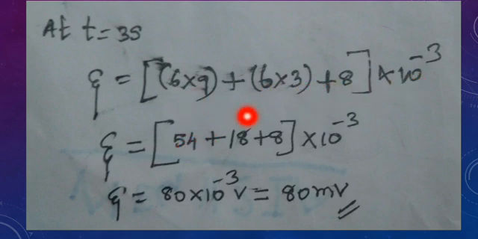Therefore 54 plus 18 plus 8, I get 80 into 10 power minus 3 volt. EMF is equal to 80 into 10 power minus 3 volt, therefore 80 millivolt, because 10 power minus 3 is nothing but milli. Okay, students, it is easy now.